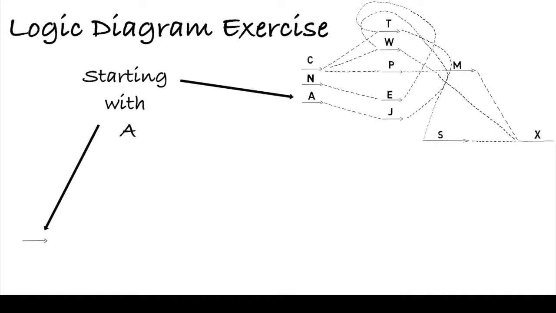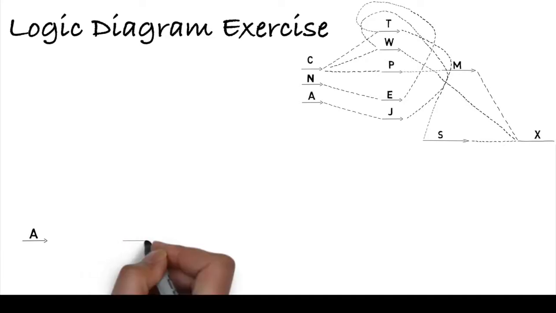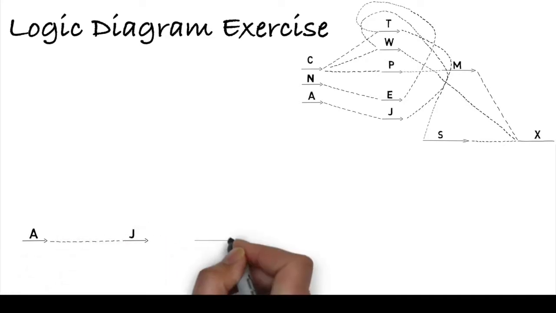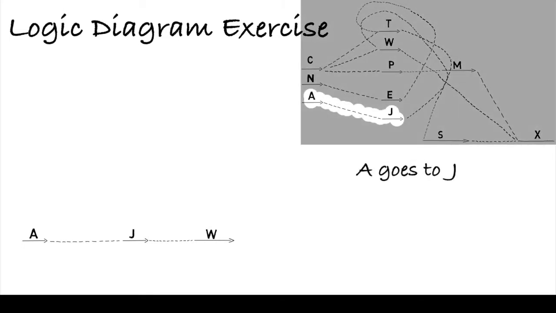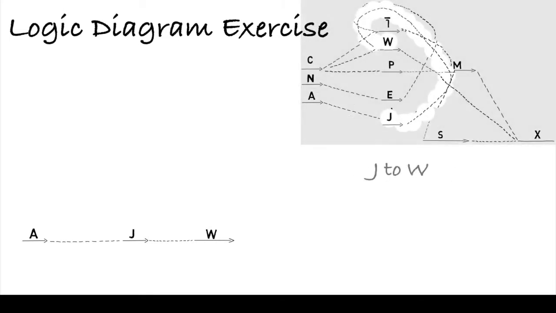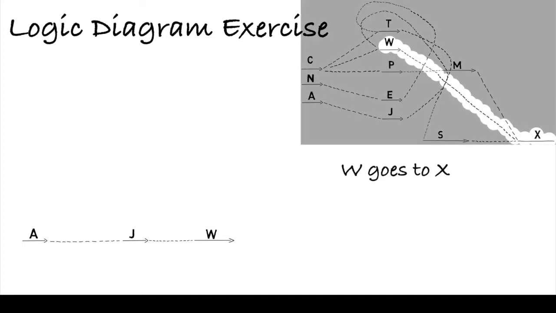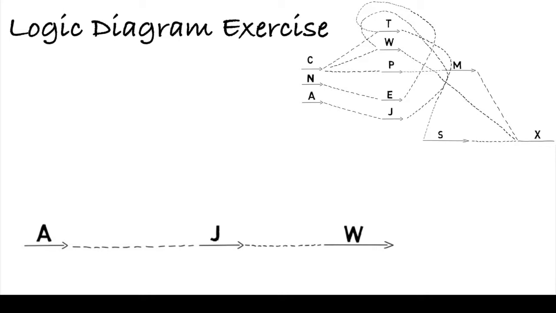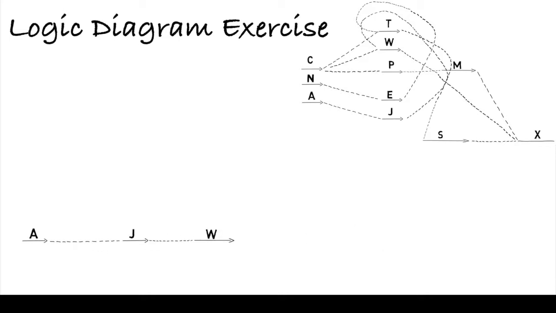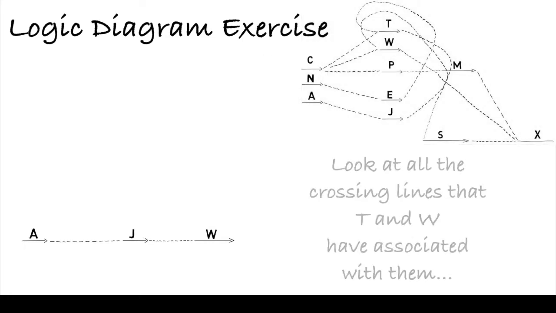Let's start with A going to J. If we look ahead, we see that A goes to J, and then to W, and finally to X. Let's just deal with these first three, A to J to W, for now. We're going to skip N for a moment and work on C, as there are more connections to deal with.